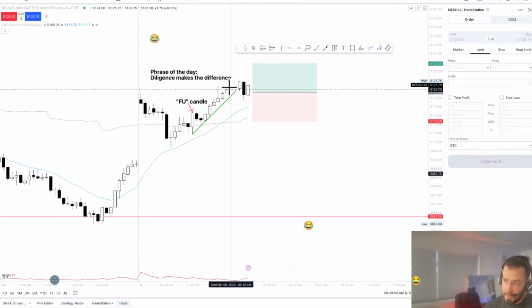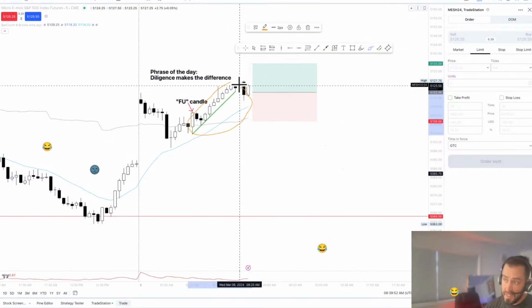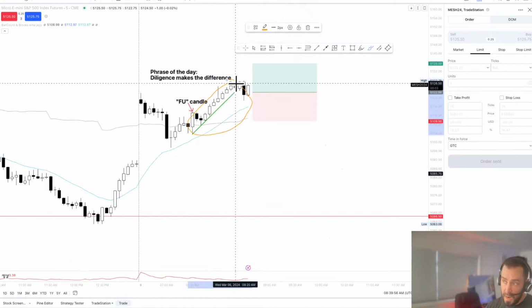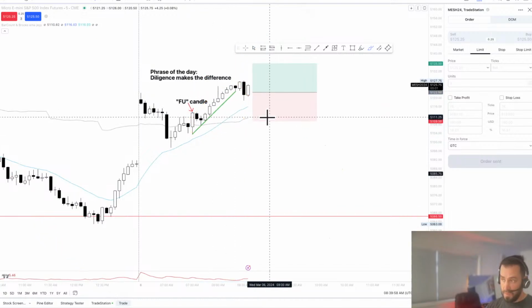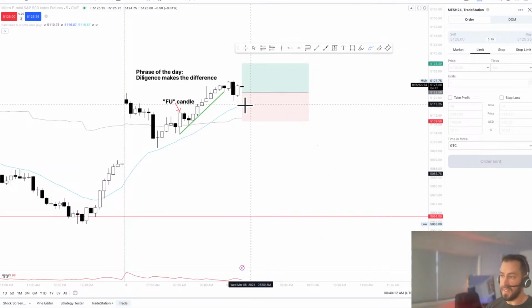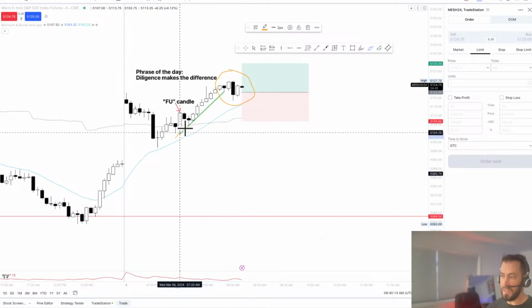Because if this is how strong the conviction of the bulls is, that they bought all the way up, okay? Well, one pullback is not going to deter them, not the strong bulls. Strong bulls will take a 50% pullback and still hold. And that's not even close to 50% of this.